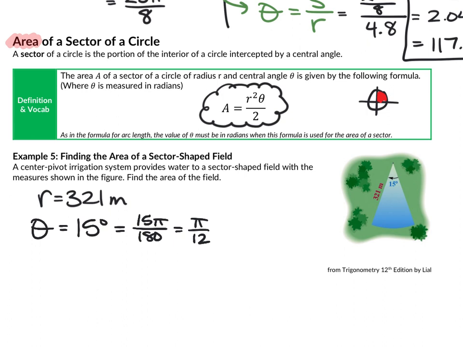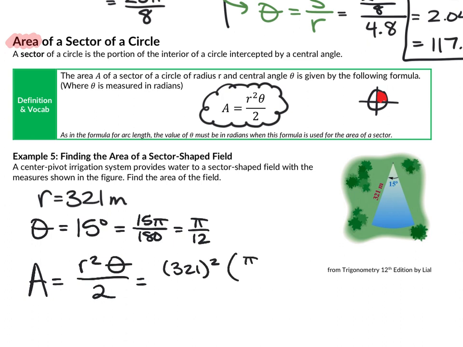So at this point, I have everything I need because to solve for area, I only need a radius and a theta. It is the radius squared times theta all divided by 2. If we fill all of that in, that's going to be 321 squared multiplied by pi over 12, and then all divided by 2.